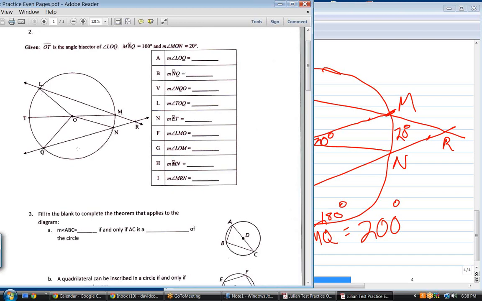And that would make QN 180, and that would make this angle 180. And yet there's a triangle there. There's no way that's a 180-degree angle. For that matter, there's no way that QN is 180. It's less than half of a circumference. Yeah, that's the typo there.